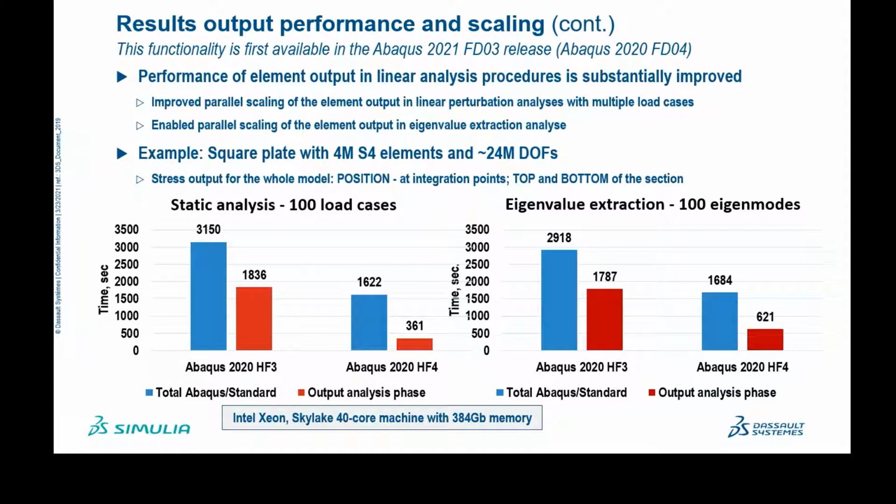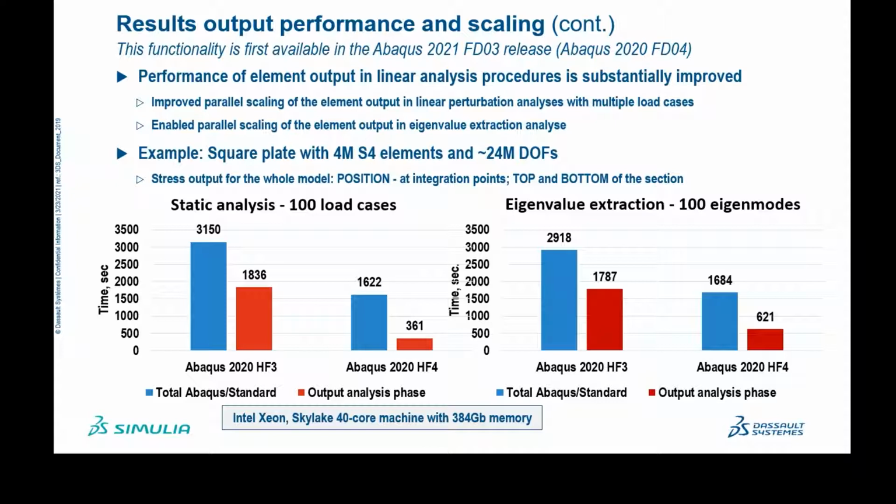So the performance for the element output and linear analysis procedure is substantially improved. Here we illustrate this in a small example of a square plate with 4 million shell elements with 4 nodes, S4, and 24 million degrees of freedom. The stress output for the model at the integration point, top and the bottom in the section.